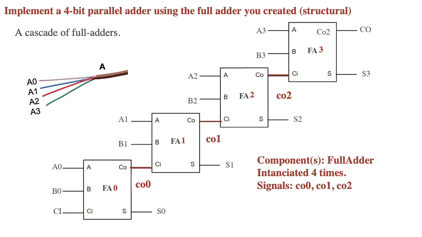So A0, A1, A2, A3 are all part of A. We have one signal for A, but A consists of 4 bits total.